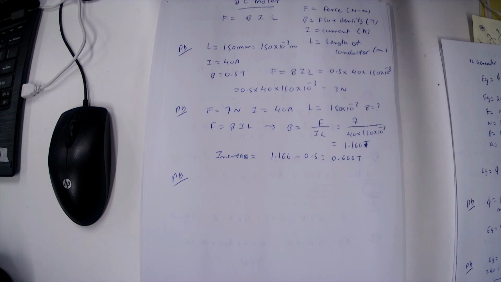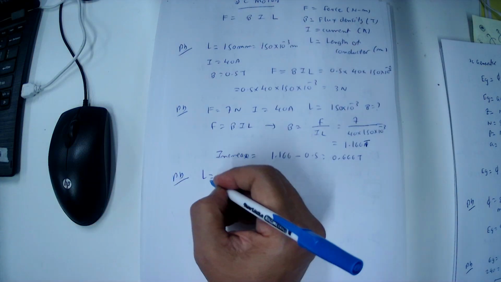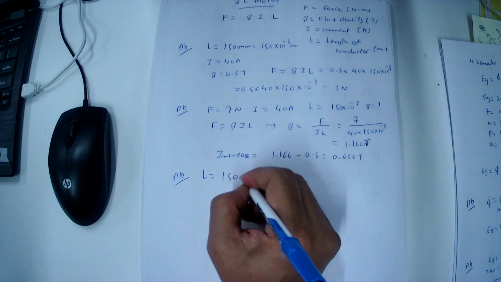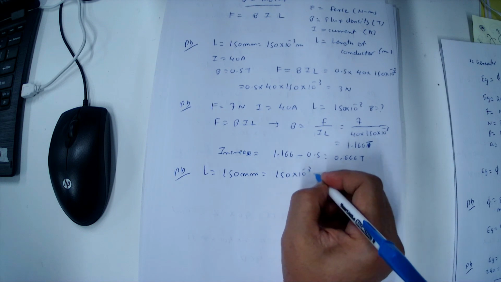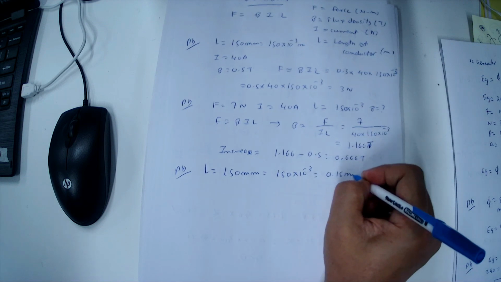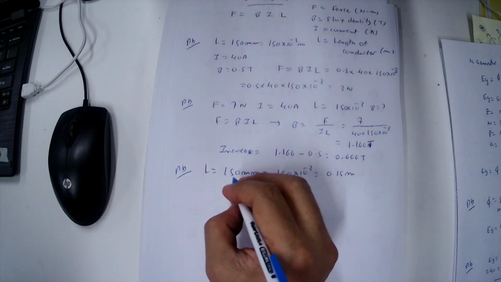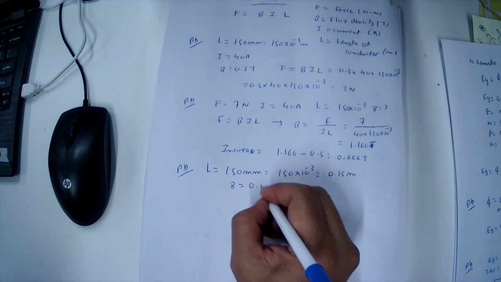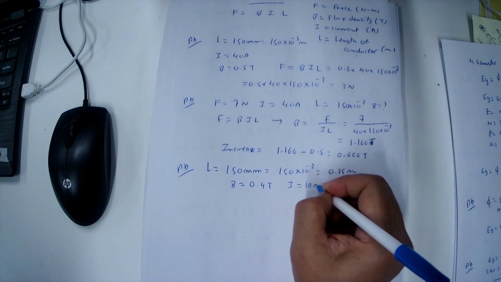The conductor length is 150 millimeter, so 150 into 10 power minus 3, which gives 0.15 meter. Flux density B equals 0.4 Tesla. Armature current I equals 100 ampere.